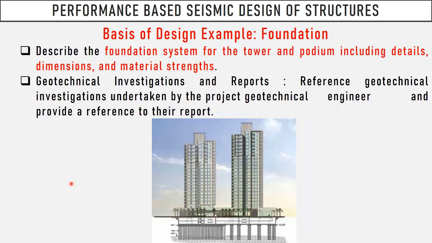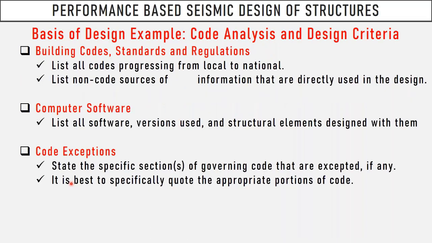The design basis document should state it. And what will be the codes you are going to follow in terms of national codes, and what will be the non-code documents that you are going to follow? What will be the software that you are going to use? What will be the exceptional documents? Sometimes the government, the local municipality, asks for something, or even the investor asks for an additional request, and it may affect your design.